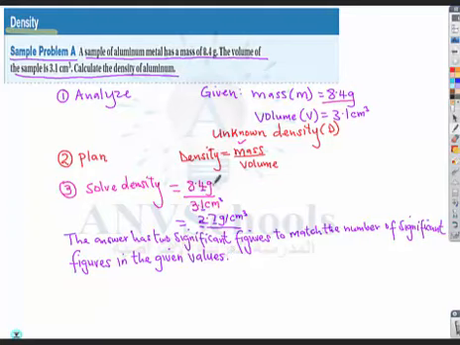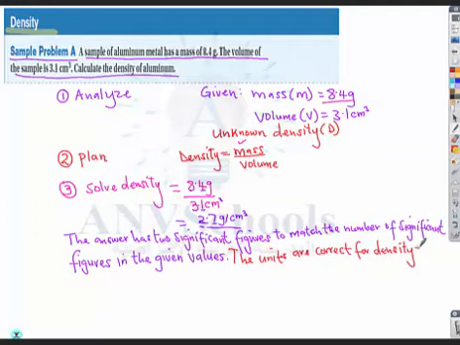So these are the given values. The units are correct for density. So the conclusion is that the units are correct for density.